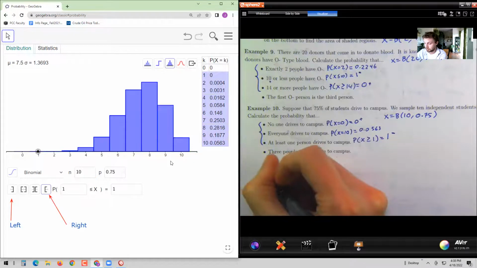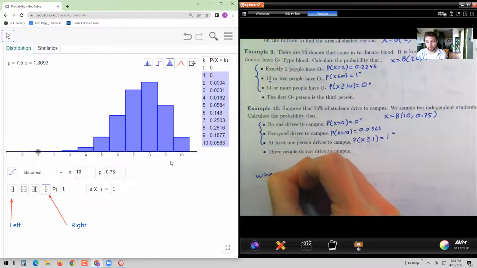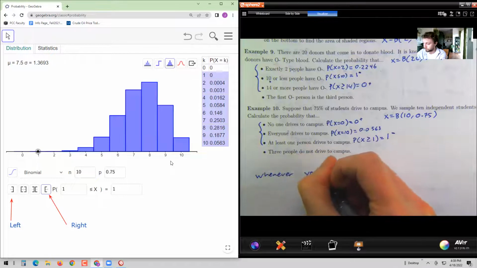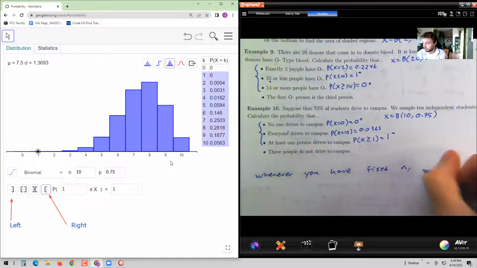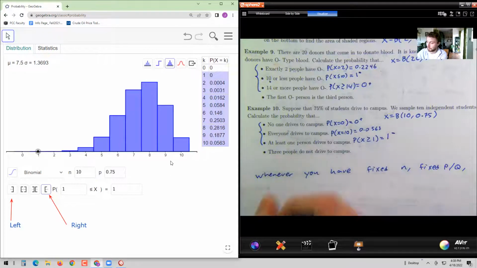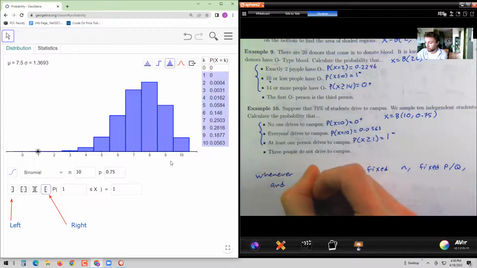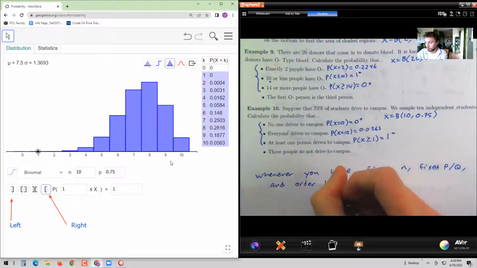Whenever you have a situation with a fixed number of trials, fixed probabilities for P and Q, and your order doesn't matter, let me explain what I mean by that.